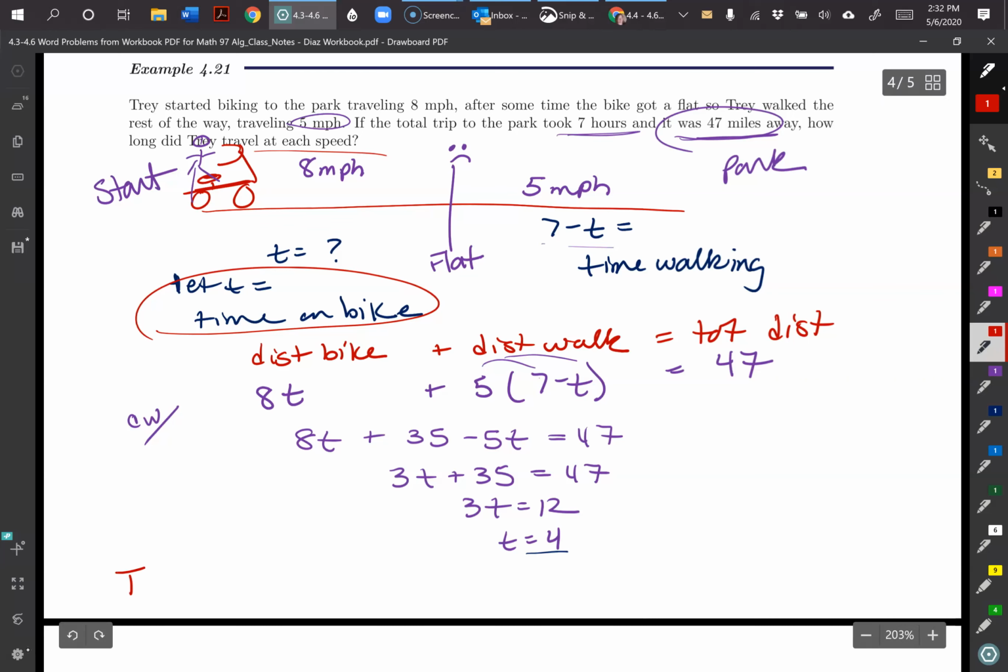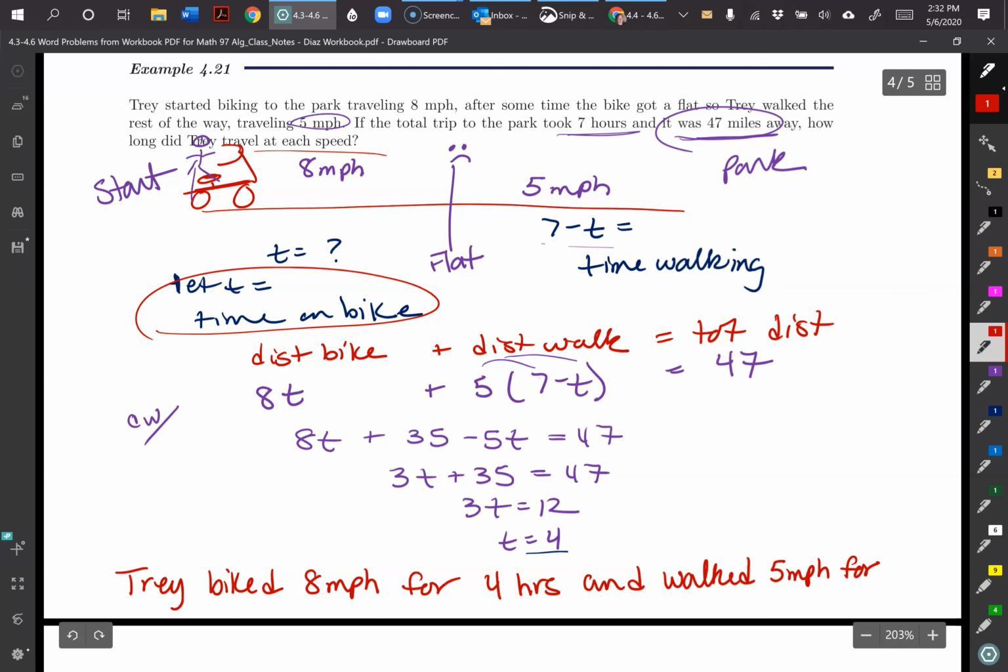So Trey biked 8 miles per hour for 4 hours and walked 5 miles per hour for the remaining time, which we can just figure out in our head, or we can look back up here. 7 minus 4 equals 3, right? So for 3 hours.